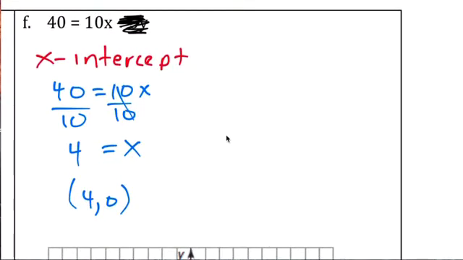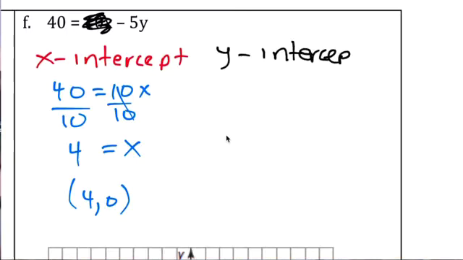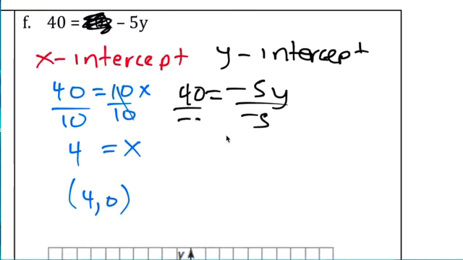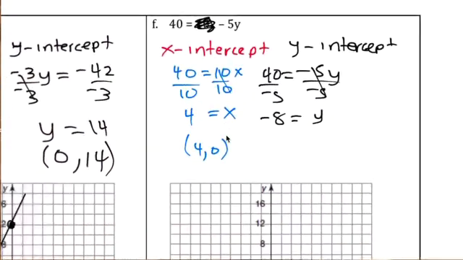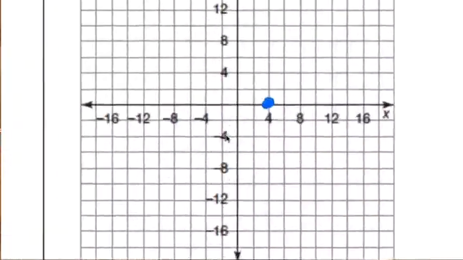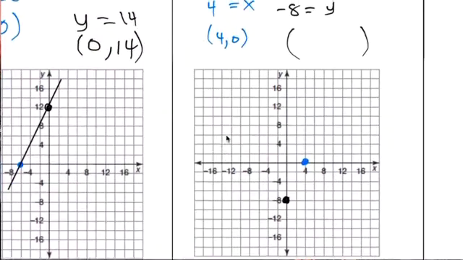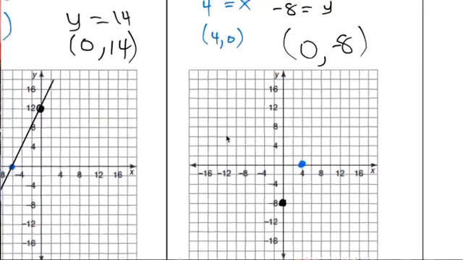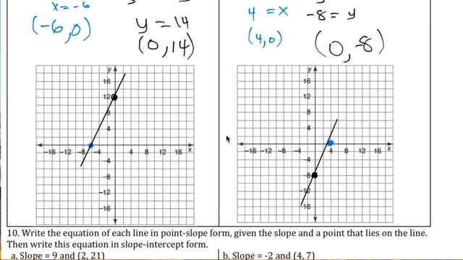Okay, and then you do your y-intercept, cover your x, negative 5y, 40 equals, divide by negative 5, negative 8. So y negative 8 is right here, and that is 0, negative 8. That's called the y-intercept. Connect it.